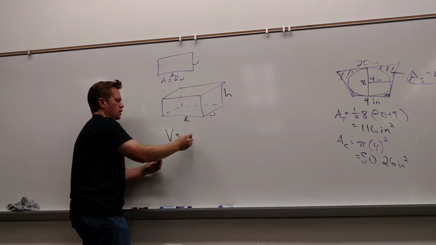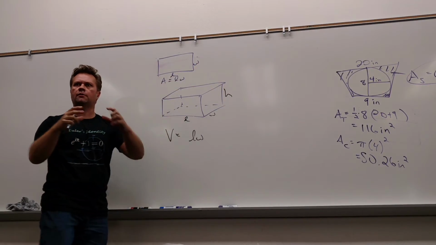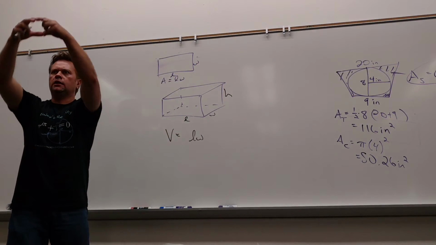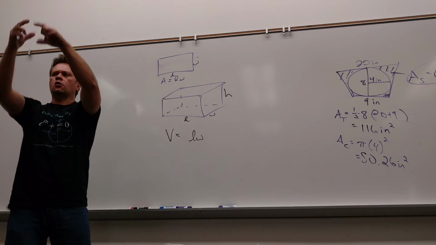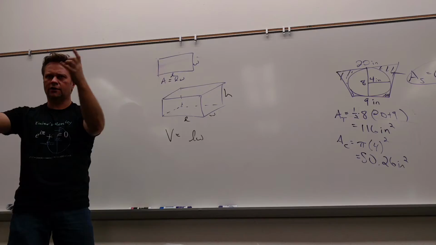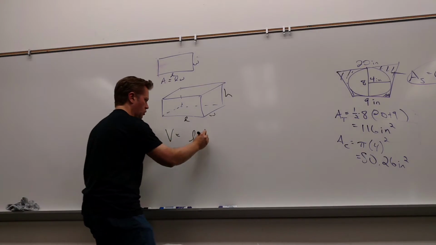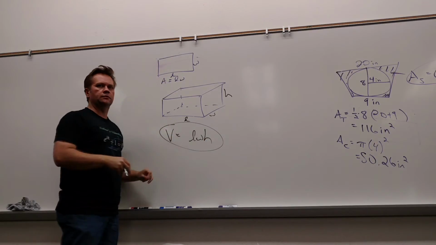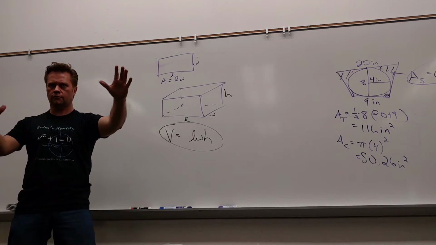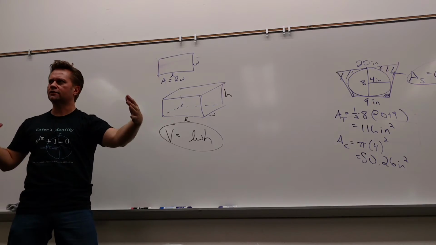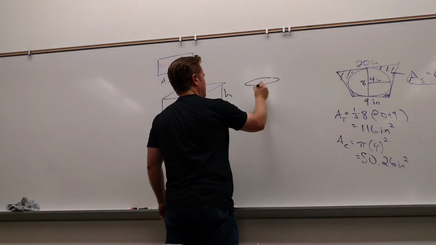So the volume is going to be LW times H. Anytime I have a shape that's repeated, I get the area of the shape times how tall or how long it is if it's laying on its side. You guys kind of with me? Most of you should have known that the volume is length times width times height. You do all three dimensions together for a rectangular solid, maybe a box. So taking what I just said, what about a cylinder?